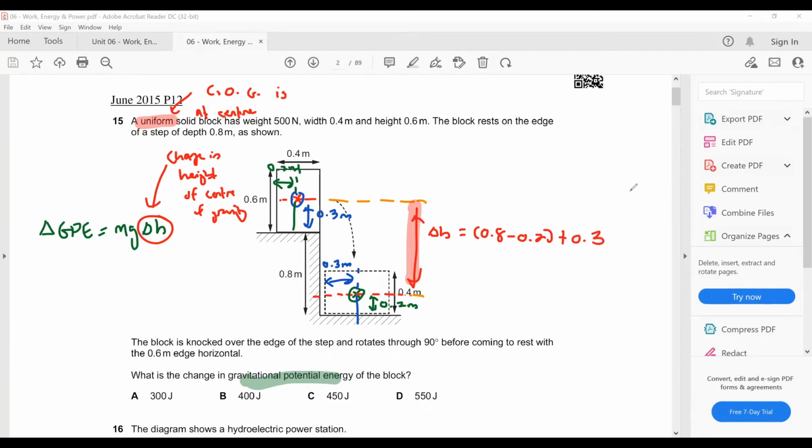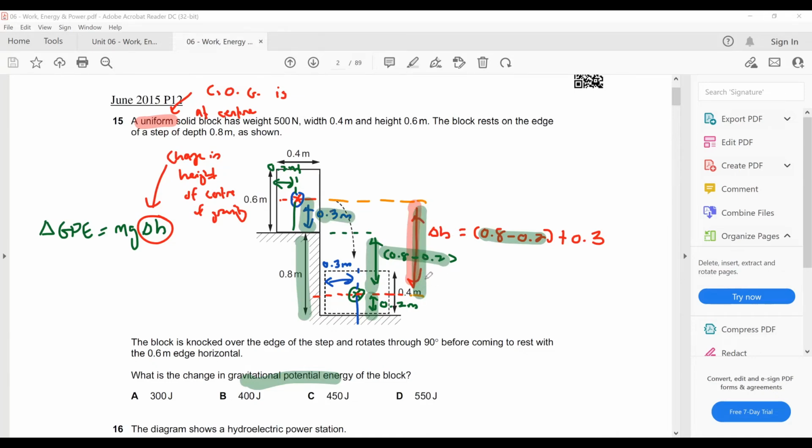Now this portion here, 0.8 minus 0.2, is this one minus this one. Maybe it's better if I just draw it out for you. This is 0.8 minus 0.2. Now 0.8 minus 0.2 plus 0.3 will give me this entire height.